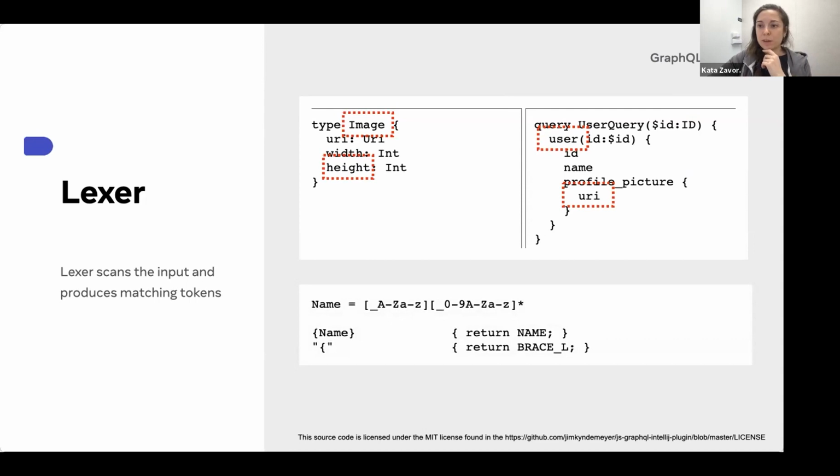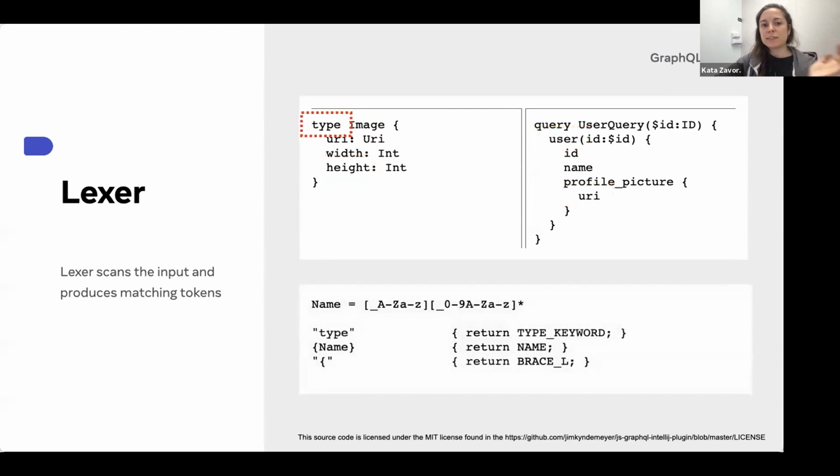If the pattern is overlapping with something, like you can imagine that we want to have a type keyword and it will be matched by this regular expression as well, then precedence of definitions matters. So if we put the type definition above name definition, when the Lexer matches the text against the type, it will stop, return, and would not go and match against next patterns.